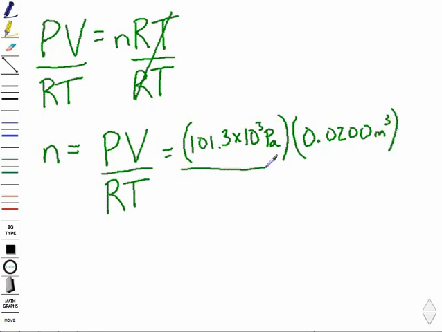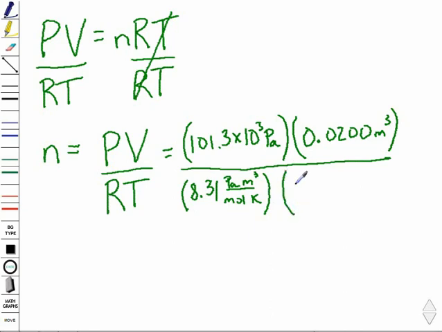This is all divided by our constant, which is 8.31 pascals meters cubed divided by moles K, and the K stands for Kelvin, which is the unit for the temperature, times our temperature, which is 273 K, or Kelvin.